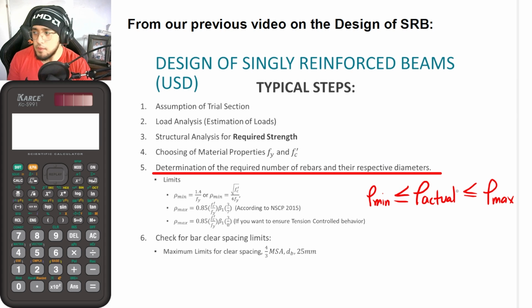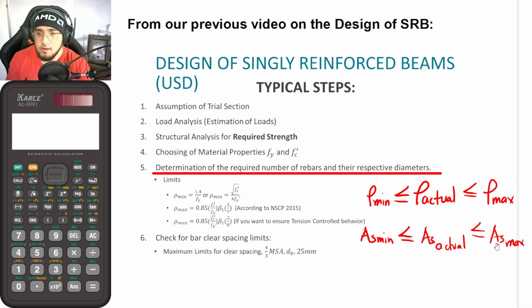If we convert this into area by multiplying by our base and by the effective depth, we can also say that the minimum steel area must be less than or equal to the actual steel area, and that must be less than or equal to the AS max.